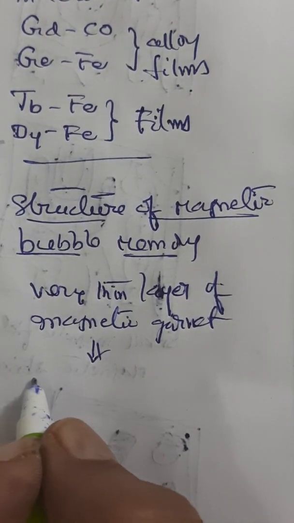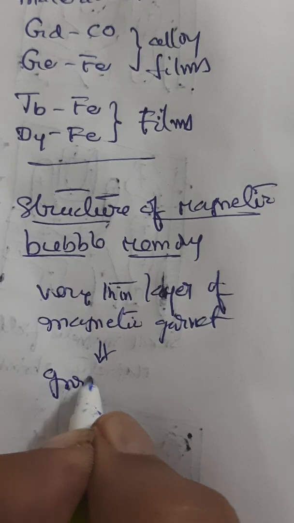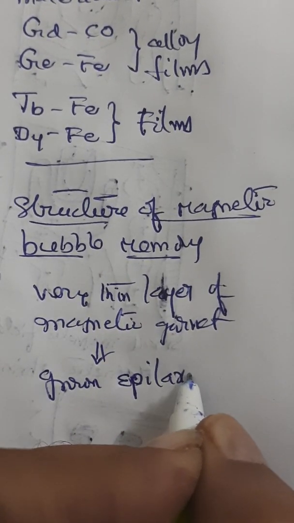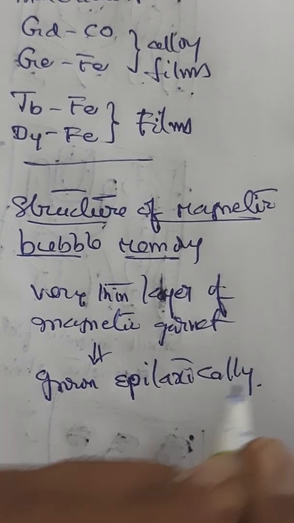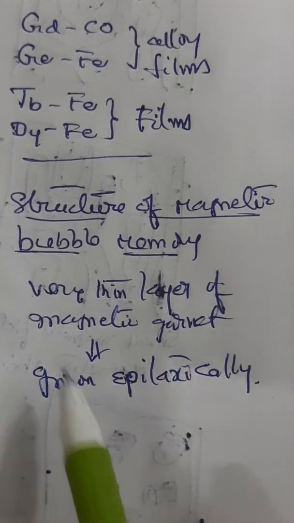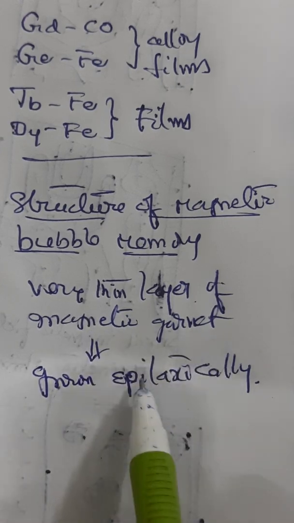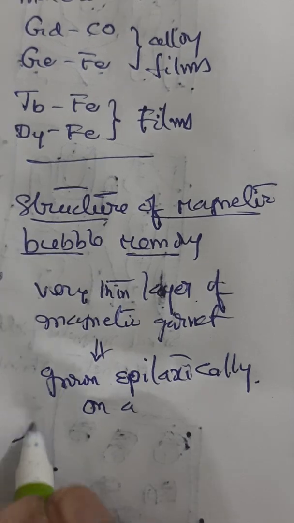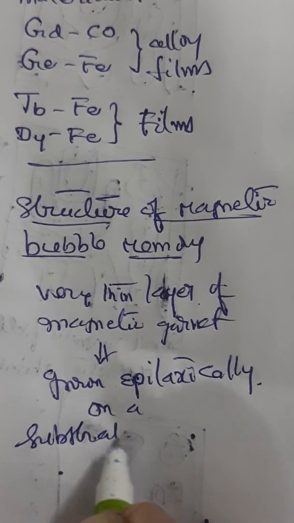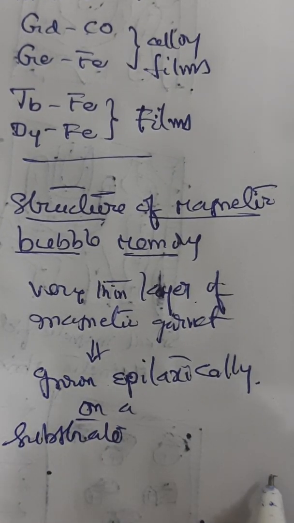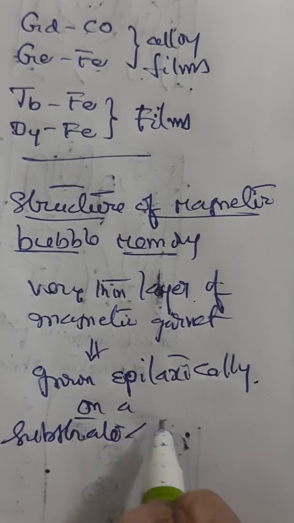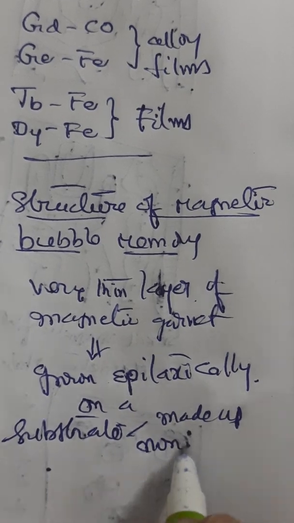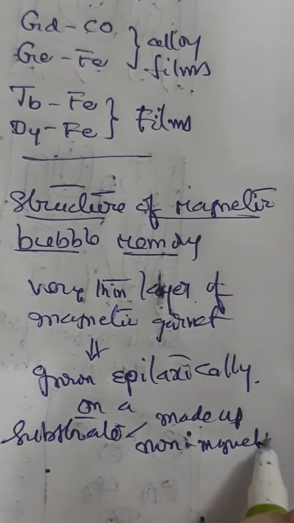This should be grown epitaxially on a substrate, like crystal development. This substrate is made up of non-magnetic materials.